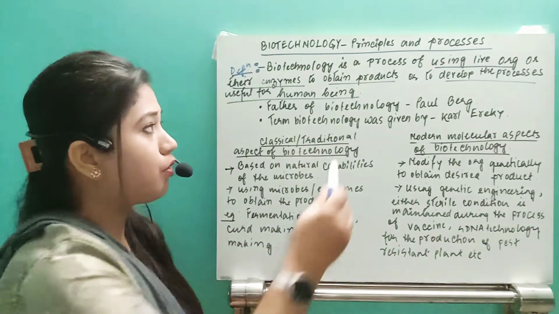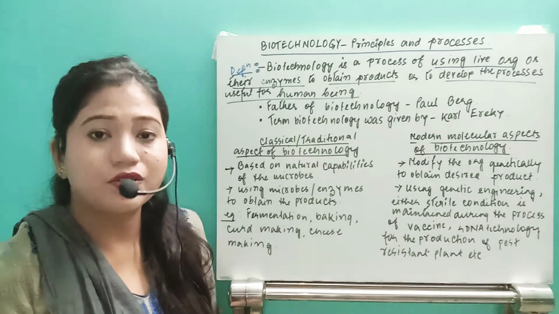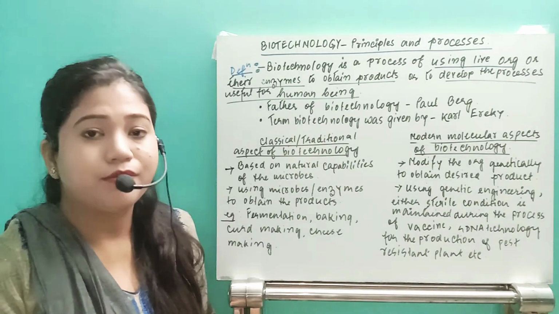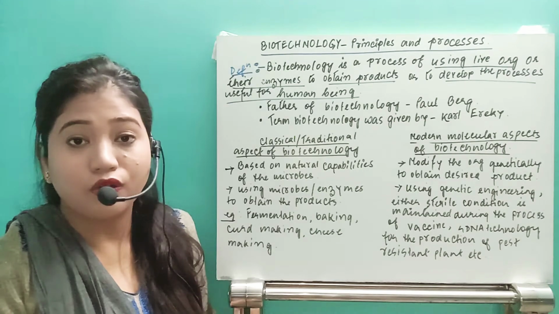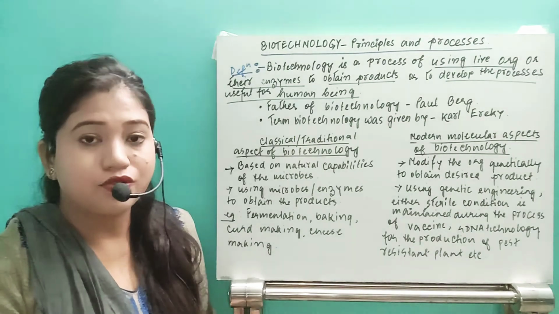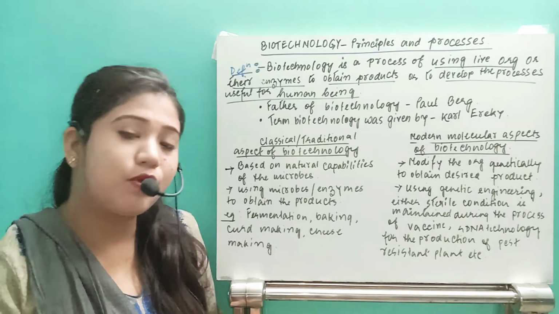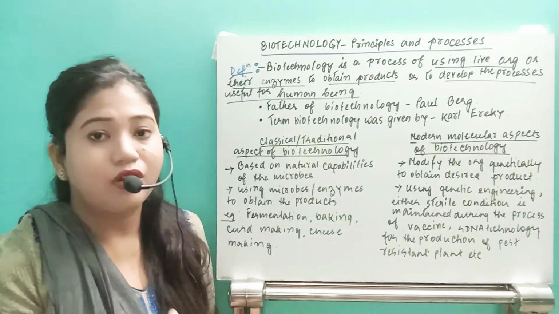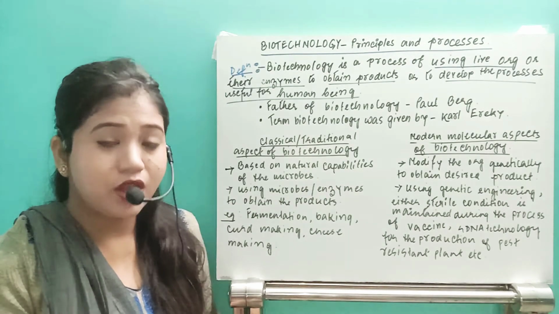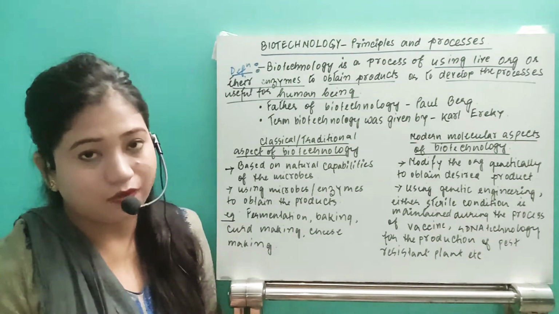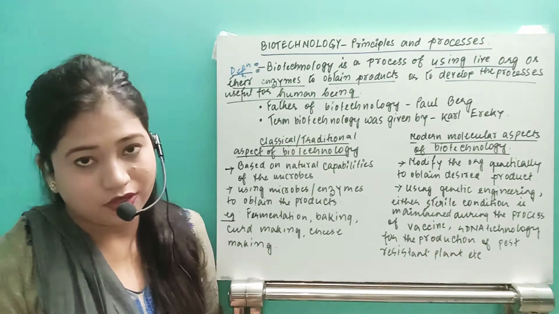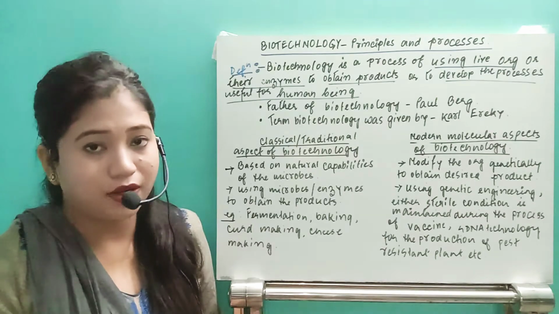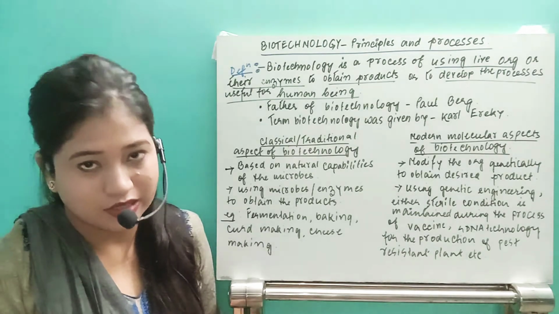So what type of products we get? Suppose curd, vaccine, biogas, or alcohol, these are the products. So we use the microorganism or their different enzymes or products so that we can get our products. So this is also one application of biotechnology. That means we use the microorganism, that is biotechnology itself.